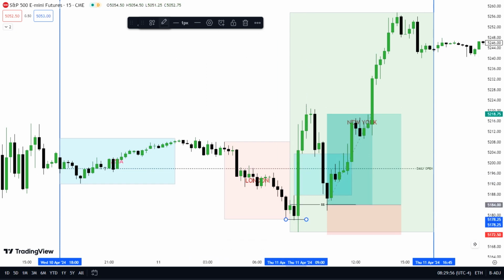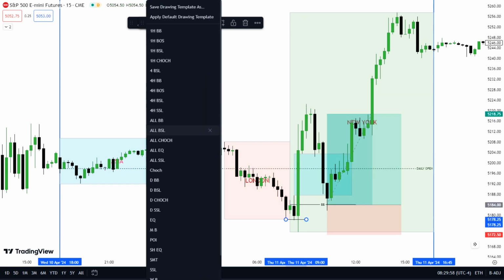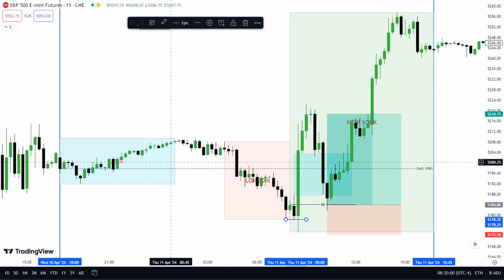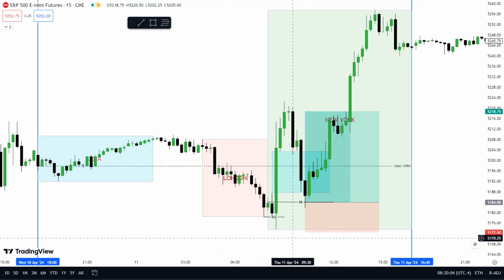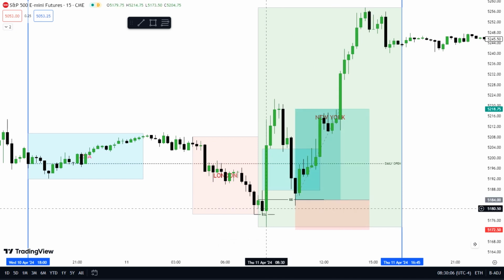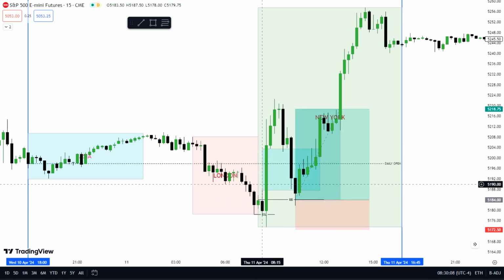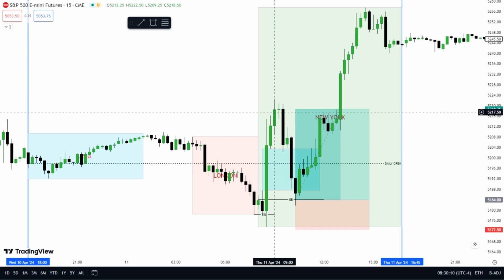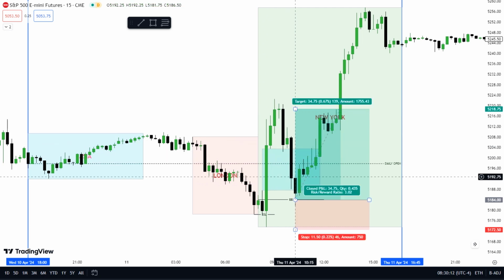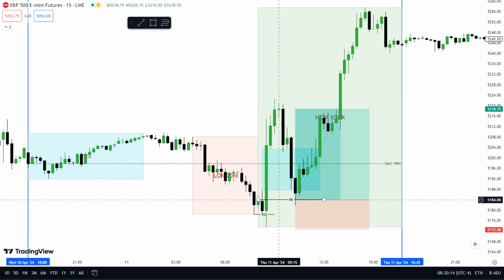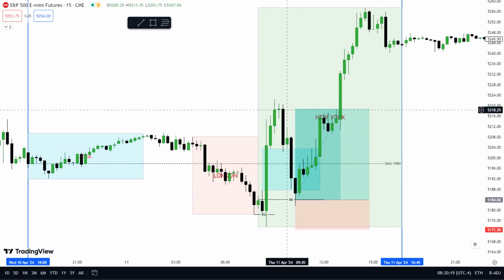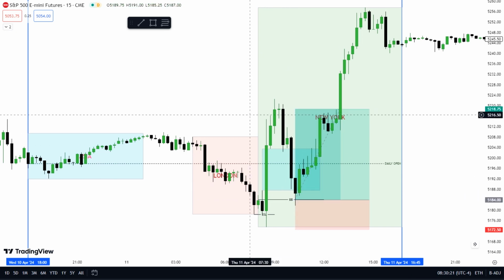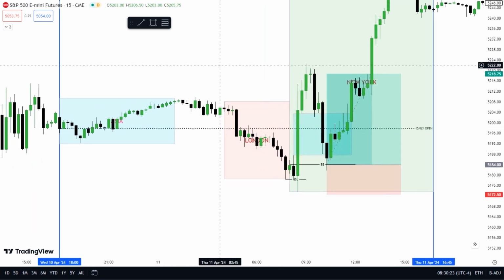So here we swept this sell side liquidity. Let me just label it. So there we go, we swept it, and immediately after that we reversed, going higher. Okay, so what we want to be doing is putting our buy limit on this breaker block, targeting this high that New York had made.